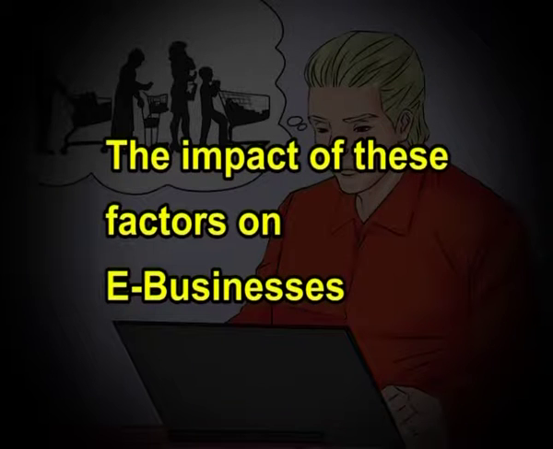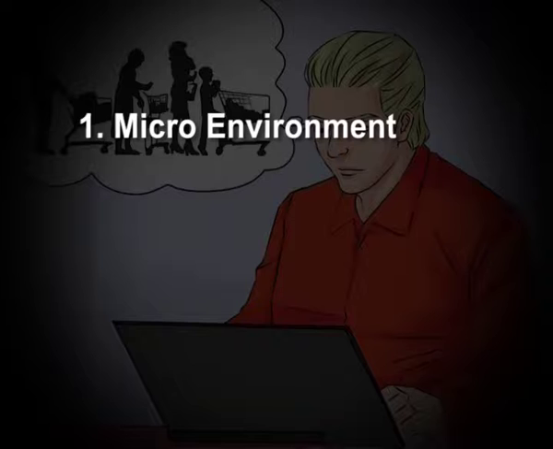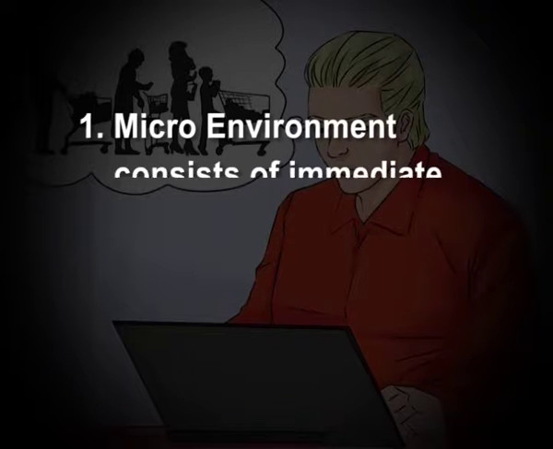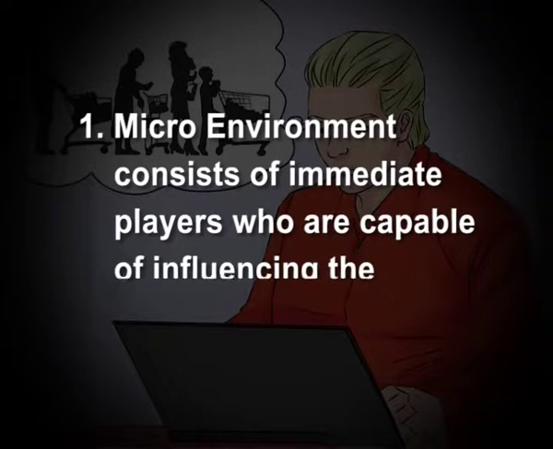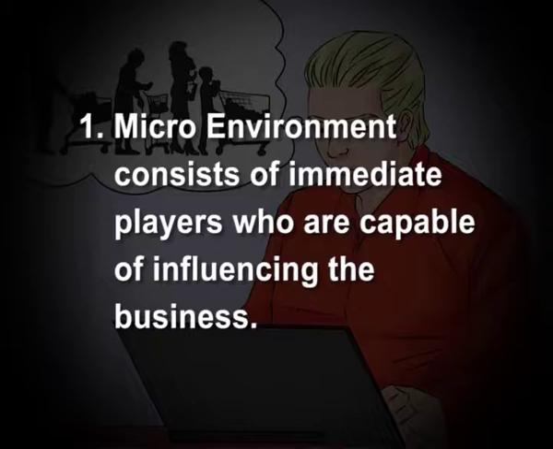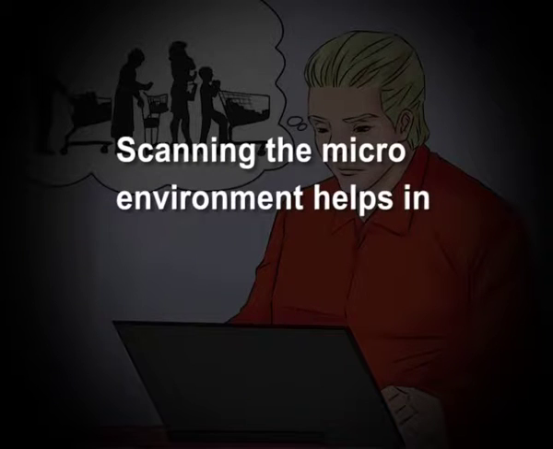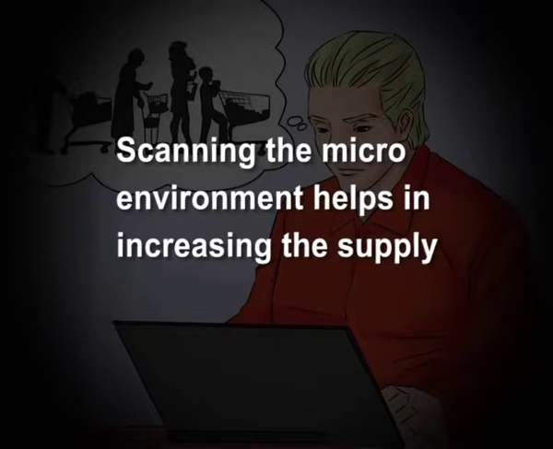Now, having seen all these factors, why are we concerned about it as far as e-business is concerned? So, let us try to explore the impact of these factors on e-businesses. Now, the micro environment. The micro environment consists of immediate players who are capable of influencing the business. So, scanning the micro environment helps in increasing the supply chain surplus.